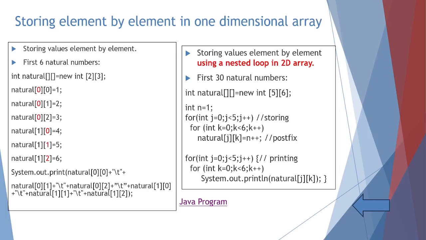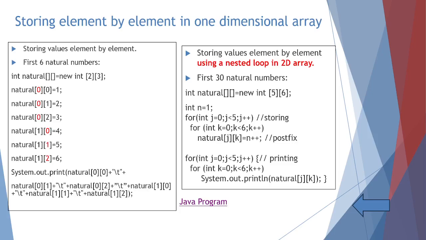Every time we are saying natural of j k, that is 0 0, 0 1, 0 2, 0 3, 0 4, 0 5. Store n and it is a postfix n plus plus. Store 1 first of all, then plus plus, 2 incremented, and so on and so forth. Just 3 lines, 30 elements are stored.